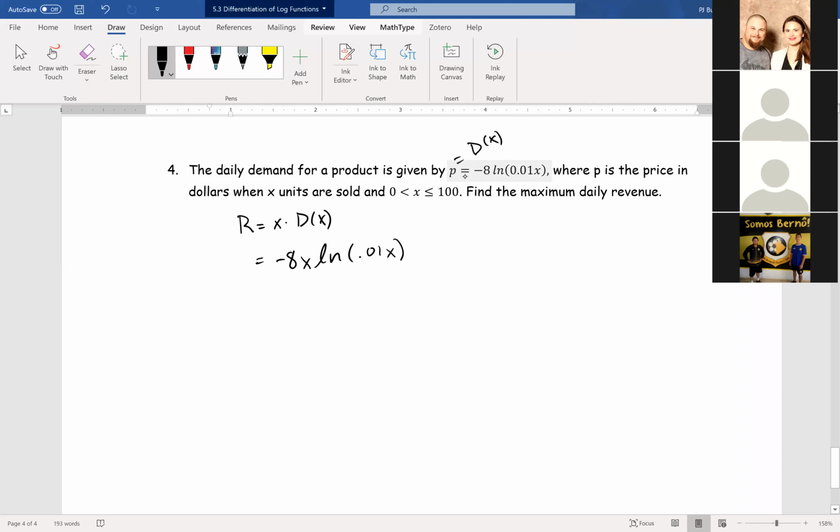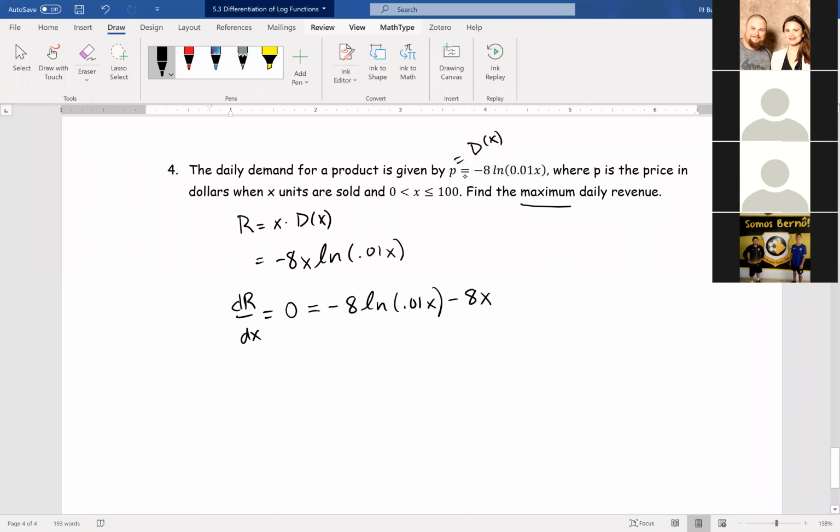Then we want a maximum. Whenever you see that word, you should be thinking derivative. So I want dr dx, and if I want a maximum, that means I have to set it to 0. So now let's take the derivative. We would get minus 8 times the natural log, because I would take the derivative of x, that would give me 1, and then leave the x alone.